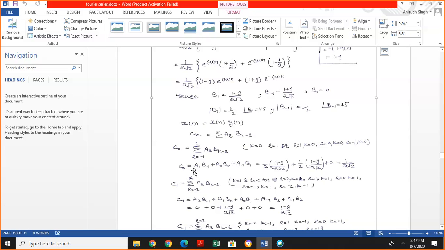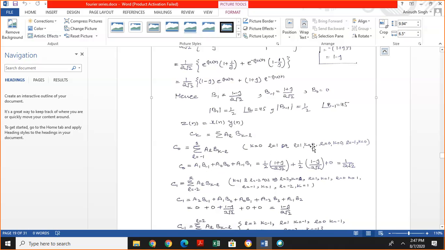So here c naught is equal to, first substitute the value of l is 1 and k is 0. So that becomes A1 B minus 1. Next substitute l is 0 and k is 0.